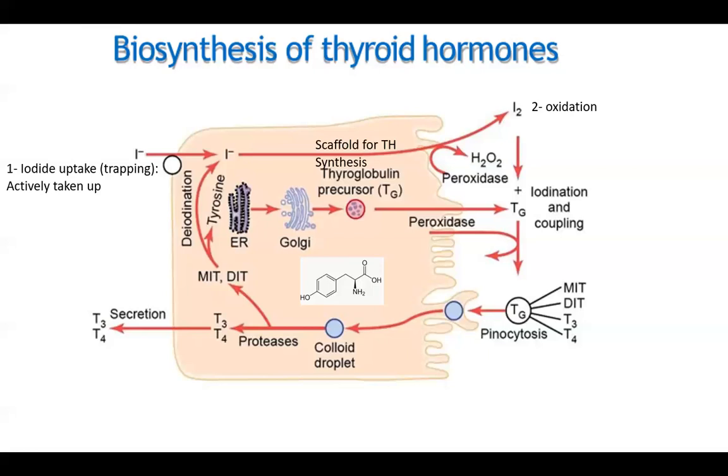So why are we saying all of this? Because these steps are sites of action for the drugs that we want to use. Where could be a good site of action for patients who are producing a lot of T4 and T3? Thyroid peroxidase?